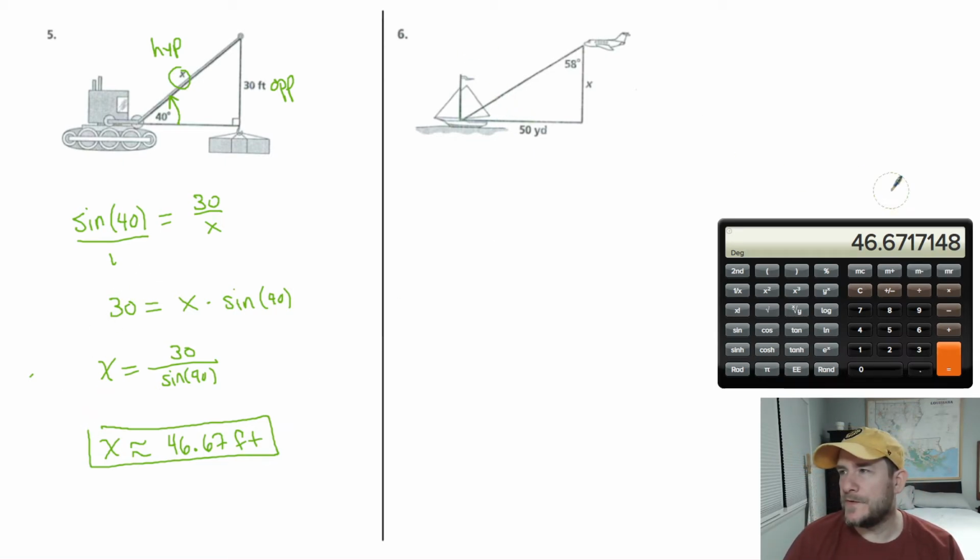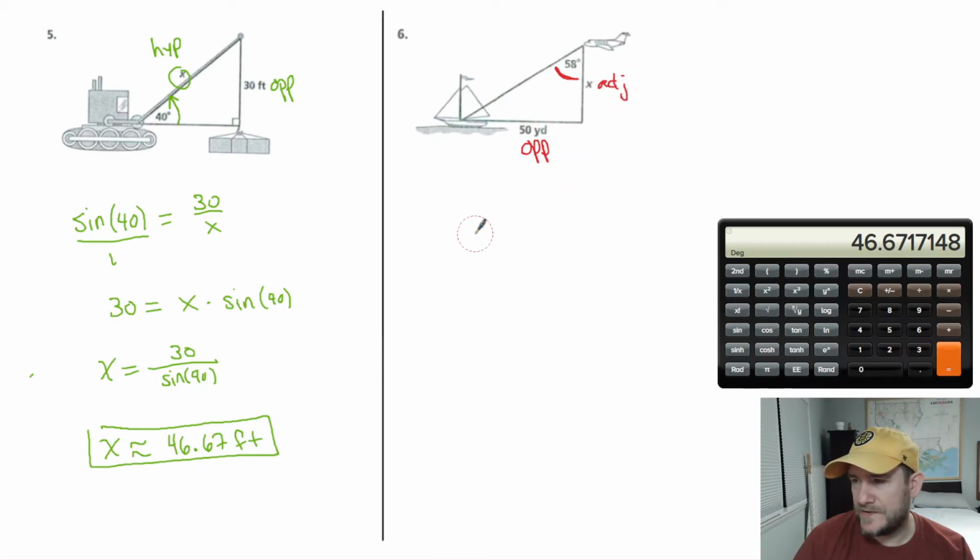Okay, so for number 6, we're using the 58-degree angle. So 50 is opposite and x is adjacent. If we're using opposite and adjacent, then SOHCAHTOA, OA, OA, that's tangent. Again, that's how we make our choices here. We just think about SOHCAHTOA.